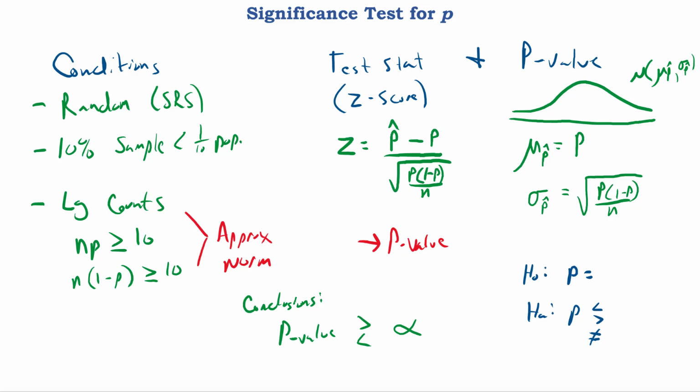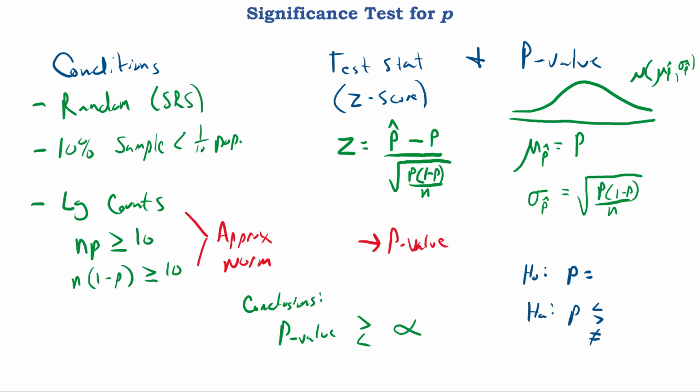Remember, if the p is low, reject the null. If the p is high, you fail to reject the null hypothesis. Okay? So those are the big things to get in your vocabulary as well. And depending upon how it plays out, you'll worry about your conclusion.